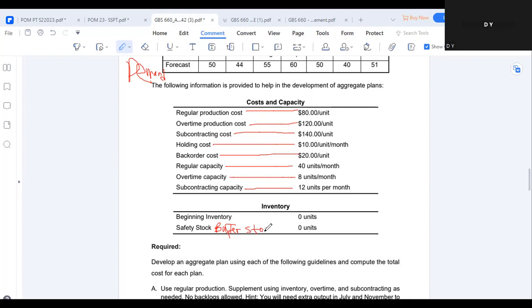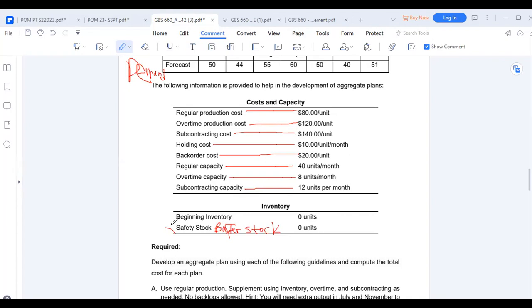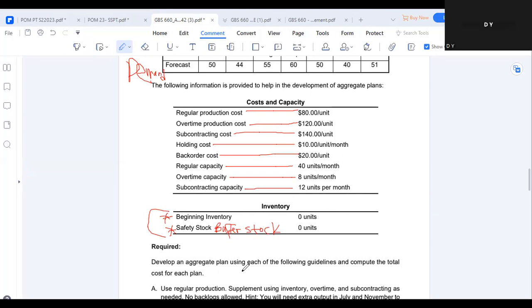So these are the units that we have in terms of the safety stock and the buffer stock. All right, so now we are simply trying to develop the aggregate plan using each of the following guidelines and compute the total cost of the plan.